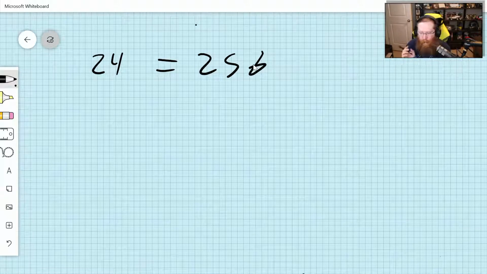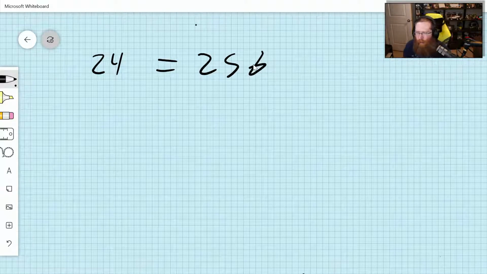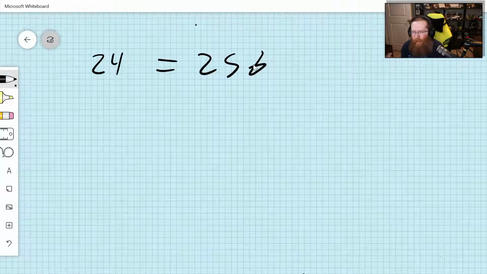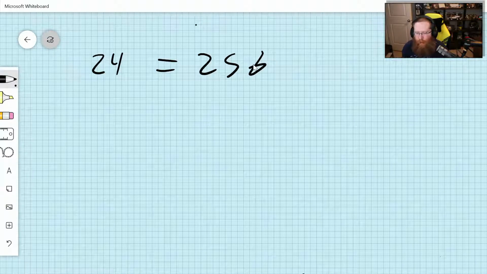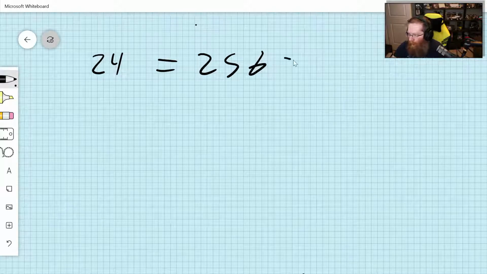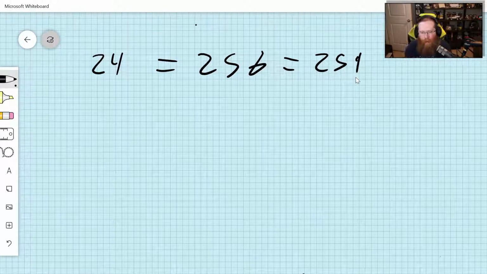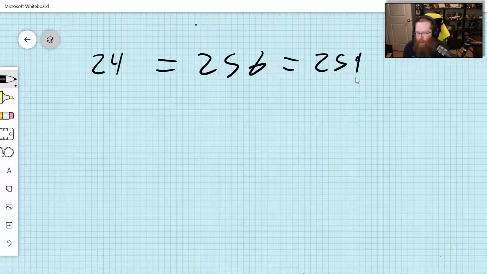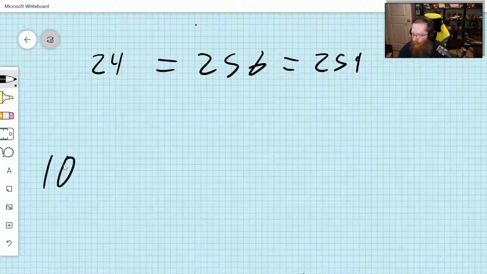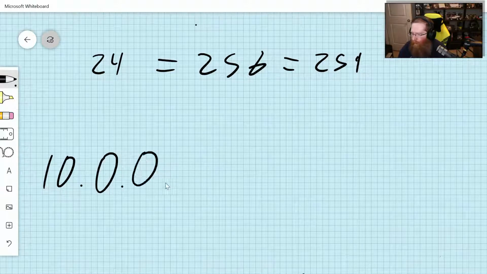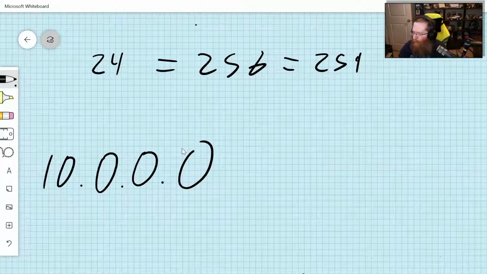All right. A /24 is equal to 256 possible IP addresses, which equates to 254 usable IP addresses. Okay.